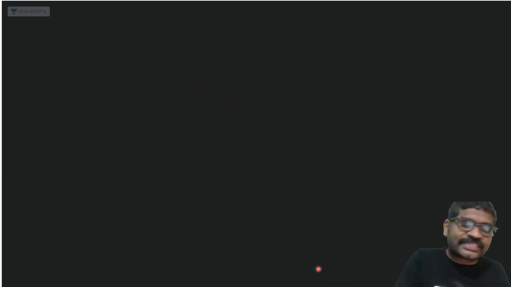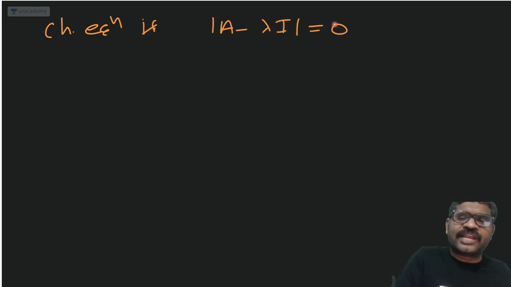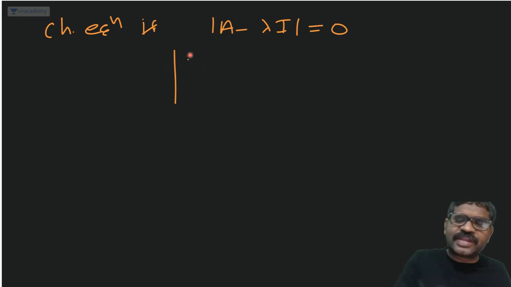Now we have to write the characteristic equation. The characteristic equation is determinant of A minus lambda I equal to 0. Determinant of 3 minus lambda, 2, 1, 2 minus lambda equal to 0.